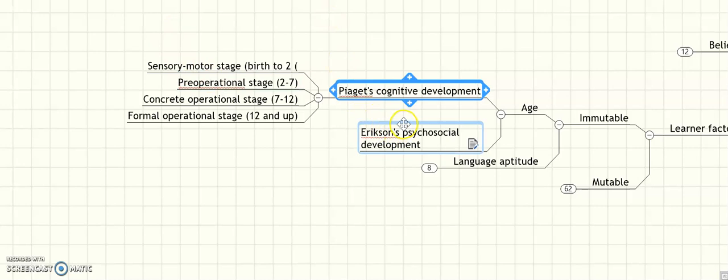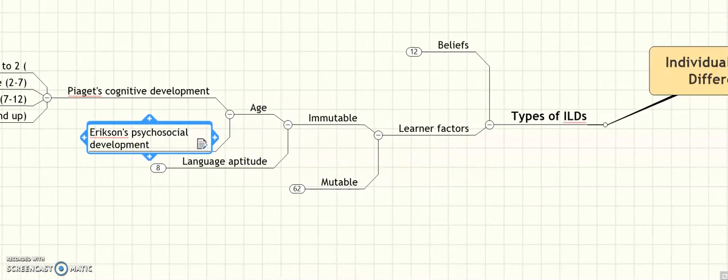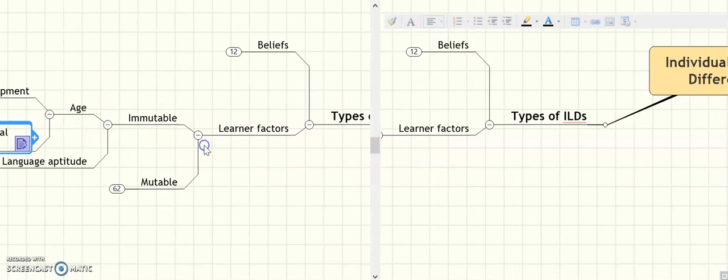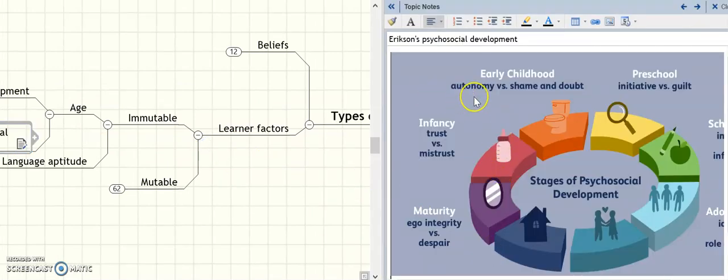We may also study Erikson's psychosocial development. It is good for us to understand. If we look at the picture here, we have infancy, where babies learn to trust people or to mistrust people, or early childhood where the students can start moving or walking, learning to walk, to run, and so on.